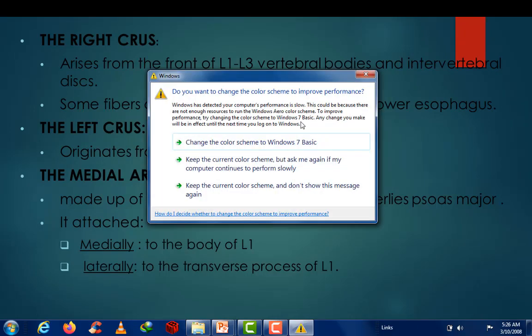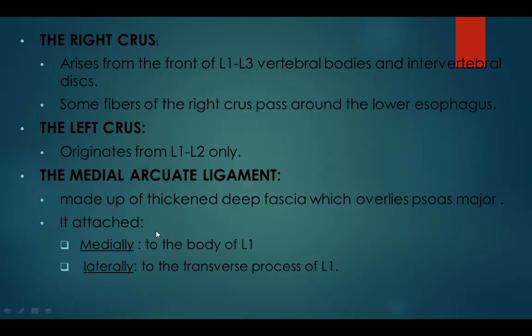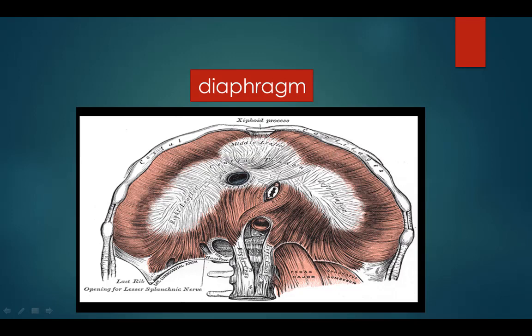Here we can see this is the right crus and this is the left crus of the diaphragm. By these two crura, the diaphragm is attached to the vertebral body.